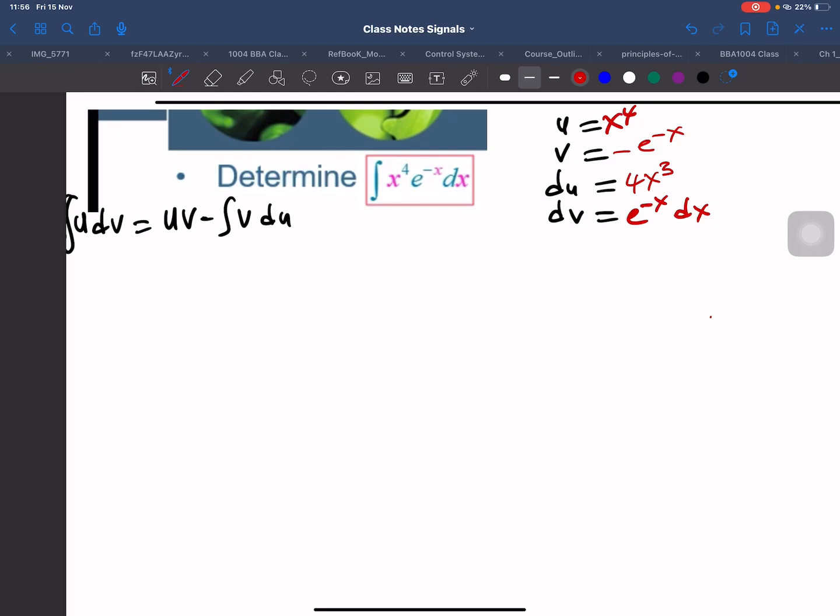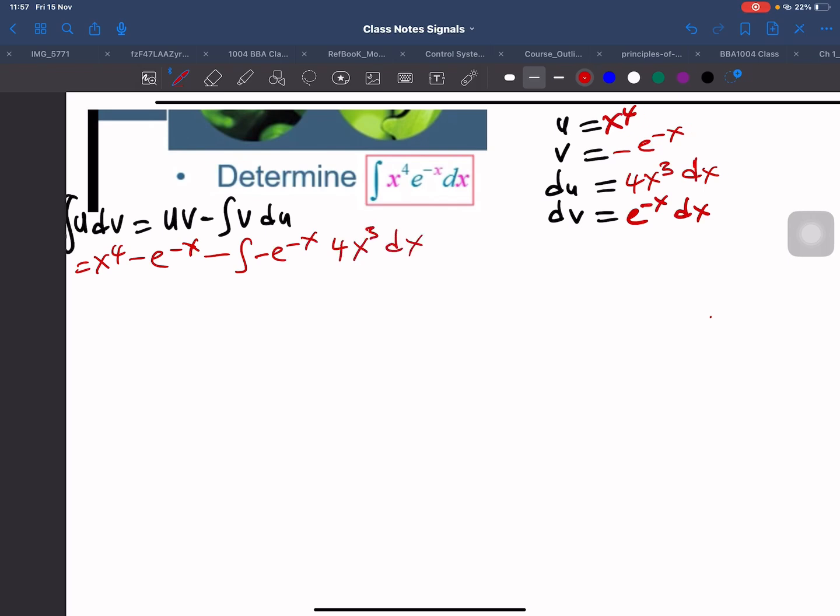So uv is x raised to the power 4 multiplied by v, minus e raised to the power minus x, minus the integral of minus e raised to the power minus x times du, which is 4x cube dx.